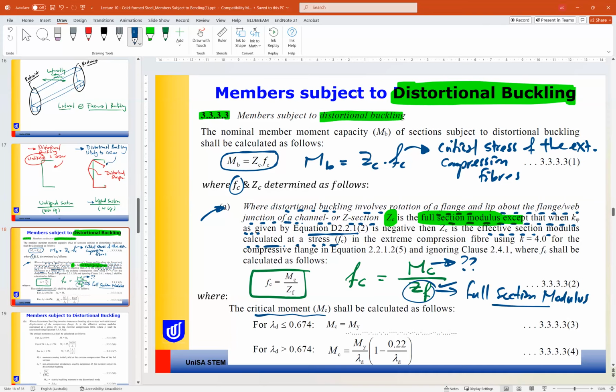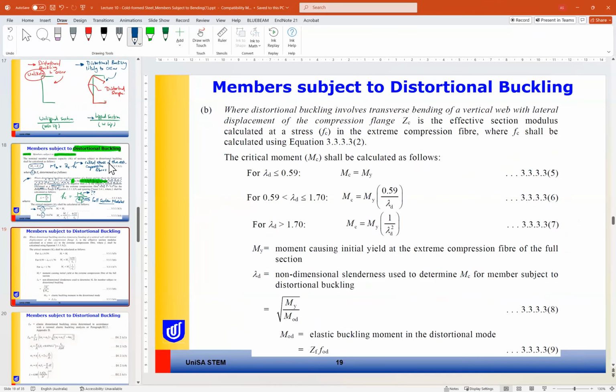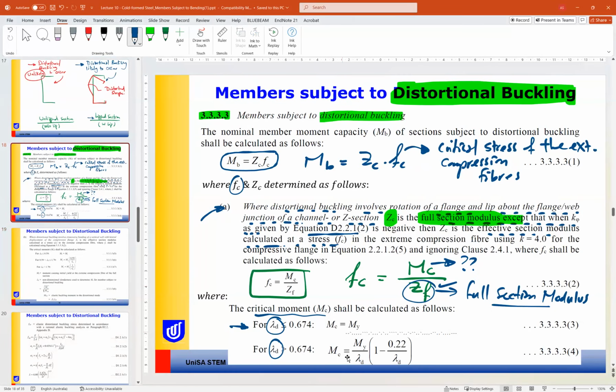Again, it depends on the slenderness ratio lambda d. Here in this case, how many cases for MC do we have? Two. Lambda d is the slenderness ratio for distortional buckling.